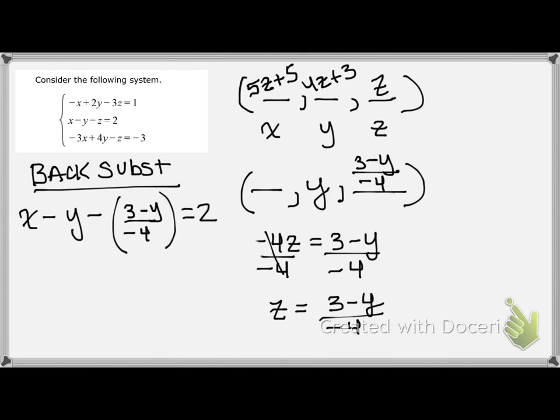So I substituted into this equation this value of y and this value of z. And then I solve for x. That's a little bit of a pain, isn't it? I'm going to have to work with this messy expression here. So I'm not going to do that.